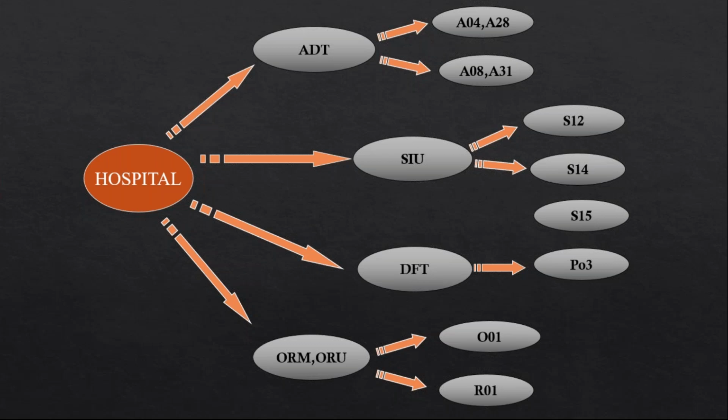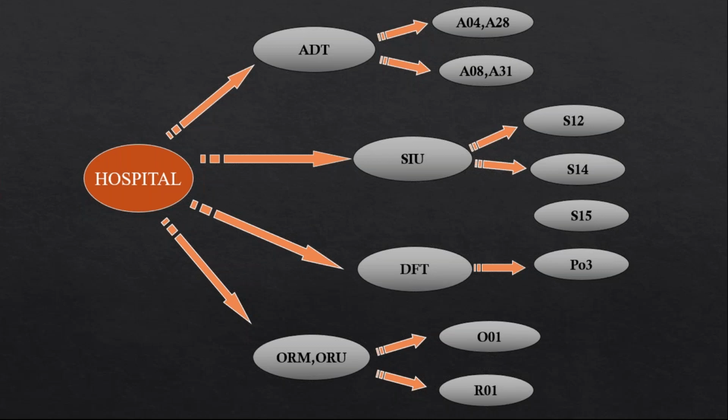Here the event, for example if you talk about A08, A31, is the updating of existing patient details, which means whether his email address changed or he had new insurances added and so on. And between A08 and A31, yes, there might be a few additional fields or segments which actually differentiate A08 and A31.